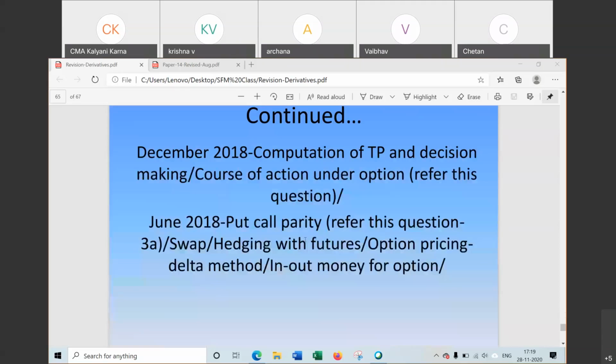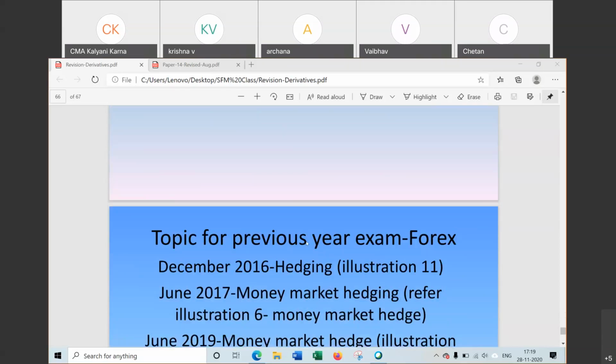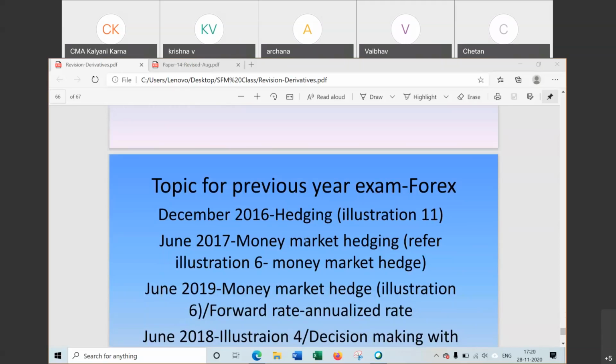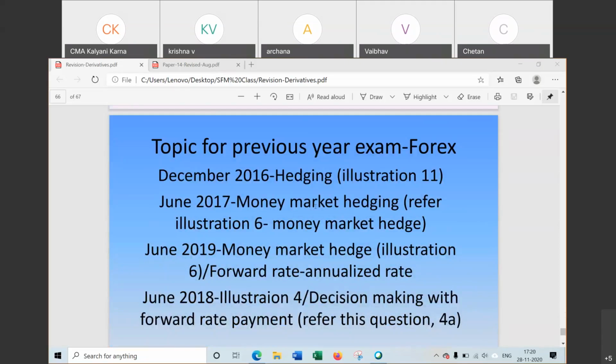In this chapter, forex, 2 types of questions are there. One is related to money market hedging: December 2016, illustration 11. Hedging, that is money market hedge. Illustration 11 is money market hedging, with call option and forward.